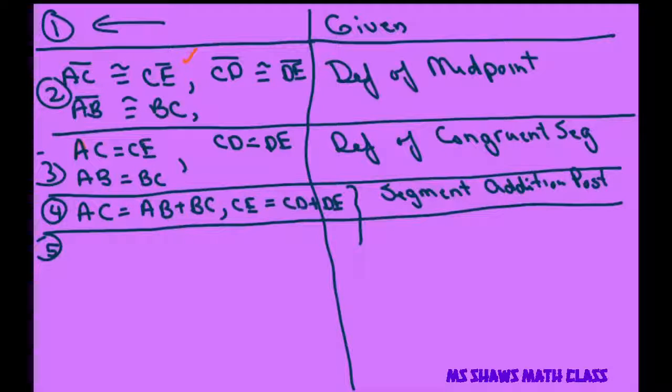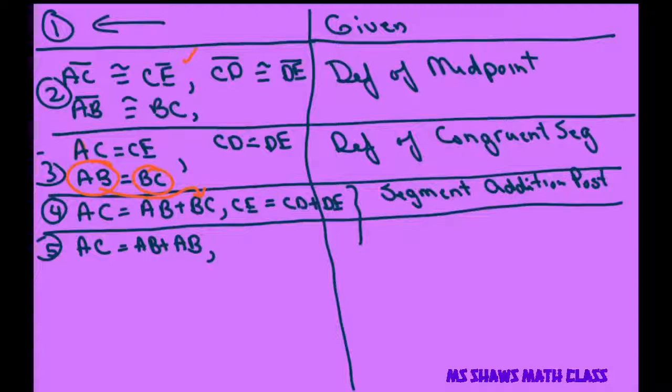We're going to do the substitution property of equality. So we're going to say AC equals AB plus AB, because AB equals BC. So I substituted my AB into this BC.